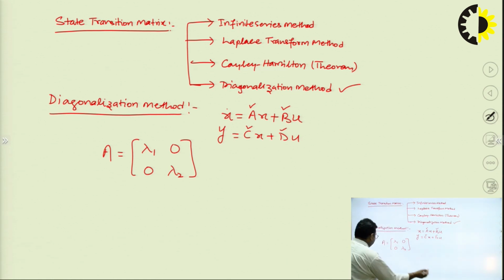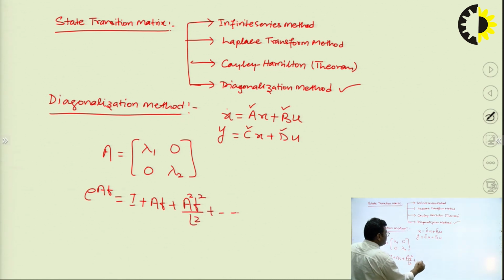Okay, so we will see. As we know, e to the power At can be written as I plus At plus A squared t squared by factorial 2 and so on.